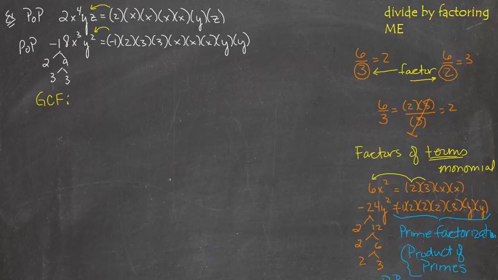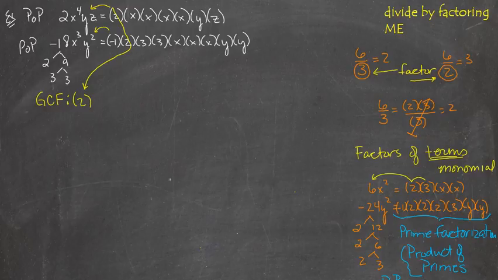If I'm looking for the greatest common factor of 2x to the fourth yz and negative 18x cubed y squared, I would find it by looking for all the factors that are common to both of these terms. So let's look. Well, there's a negative 1 here, but there's not a negative 1 there. Those aren't common. But look, I have a 2 and a 2. So there's a factor of 2 that's common to both of them.